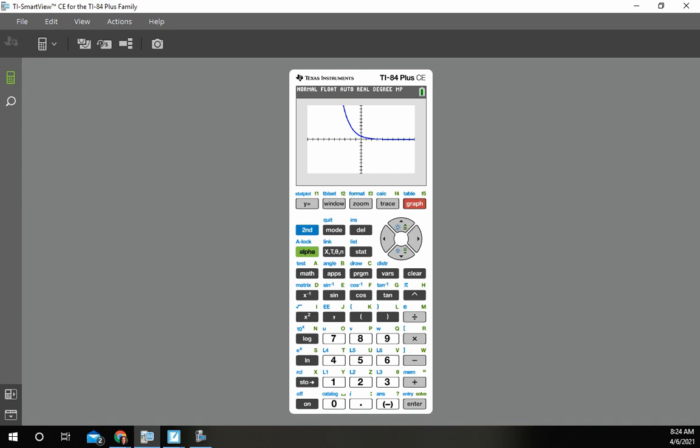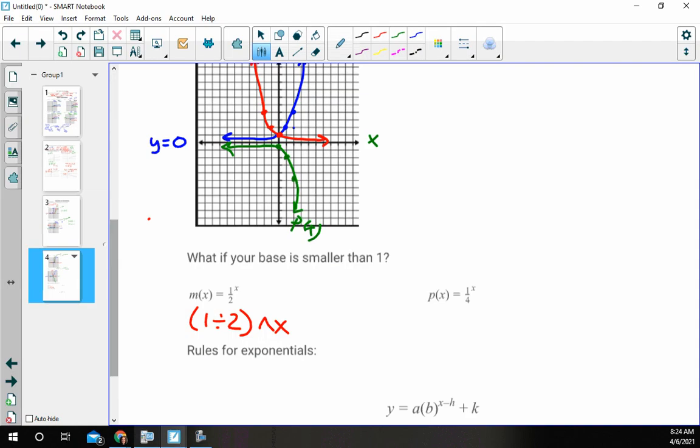So if you have a number between 0 and 1, your function is going to decrease or go downhill, which means this is generally losing. Generally if a virus comes in, or a plague happens, and it's dying out. So anytime you have something between 0 and 1, it should decrease. Okay, so I guess I should use a b, not an x.